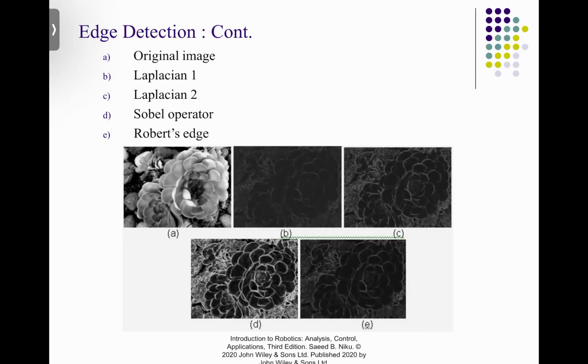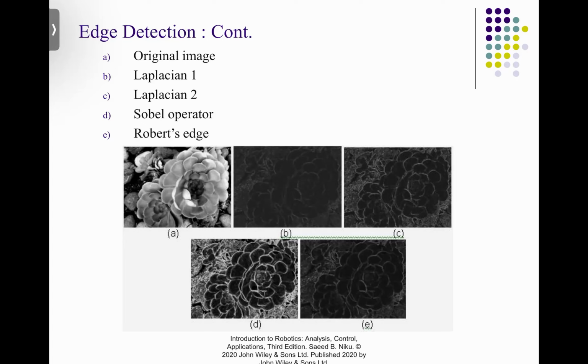But if that mask is not chosen properly, then you will not be able to acquire the edges. For example, in this particular case, if I use a Laplacian 1 mask and run it over the image shown in A, I don't see any edges because that is not the right mask. When I use the Laplacian 2 mask, I see a black and white difference.